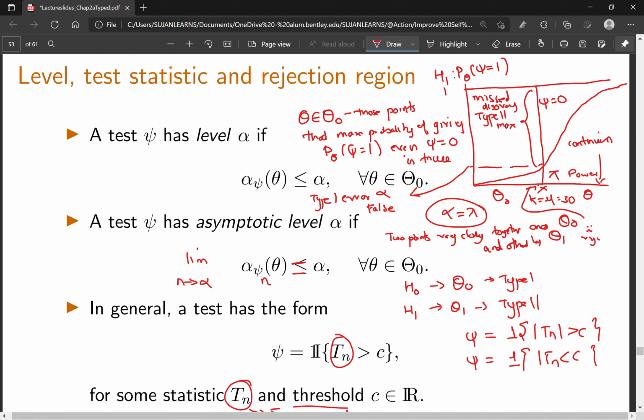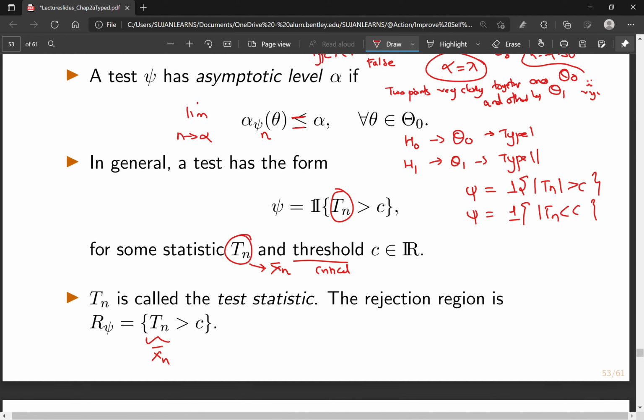Second, a test is always an indicator made of some function, that is Tn greater than C, where Tn is some normalized form of xn bar. And lastly, a test can take many forms, but the rejection region always remains constant. And what is the rejection region? Those data sets that have Tn greater than C.